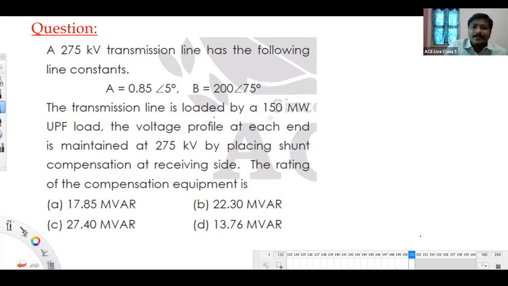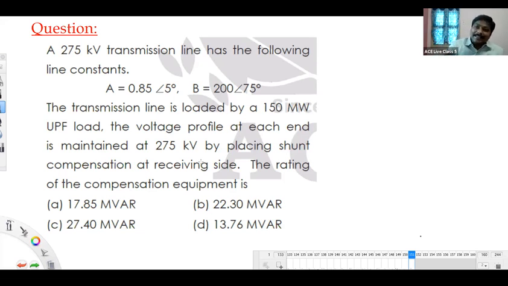Look here. The transmission line is loaded by 150 megawatt UPF load. The voltage profile at each end of the line is maintained at 275 kV, meaning sending end voltage is 275 and receiving end voltage is also 275 kV, by placing a shunt compensation at the receiving end side.